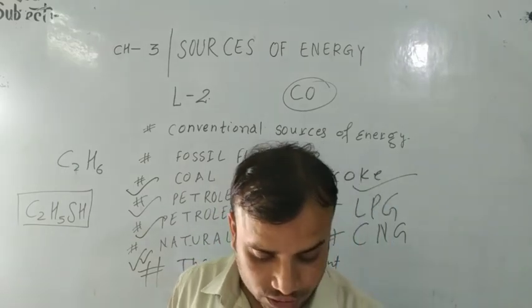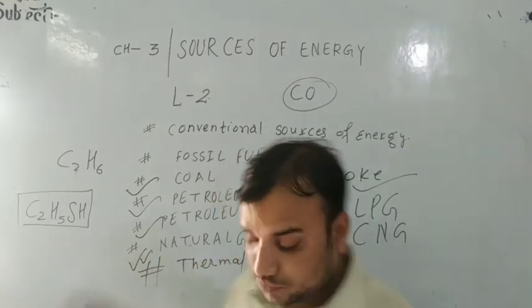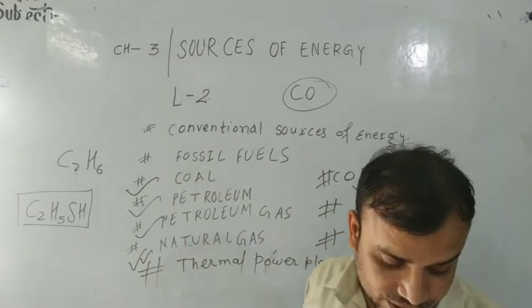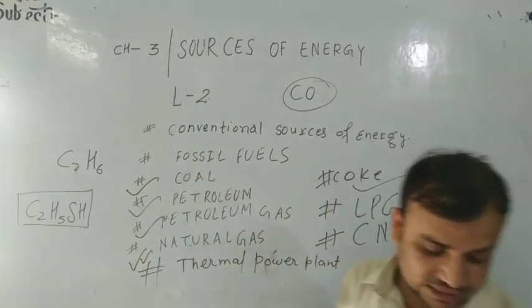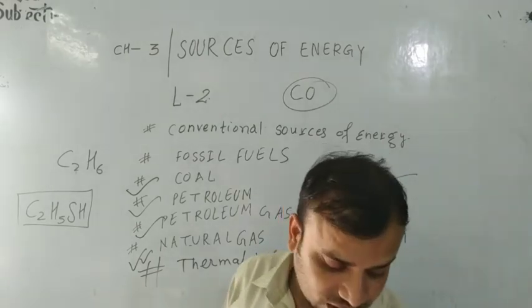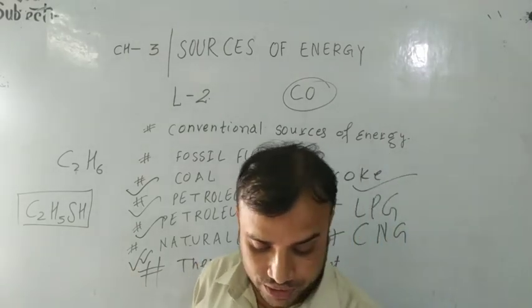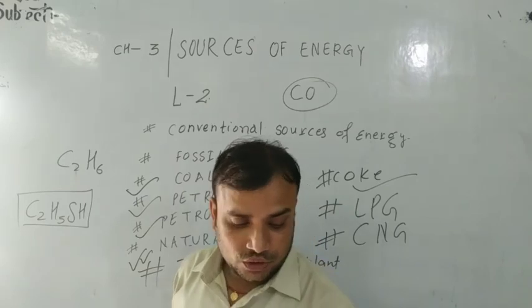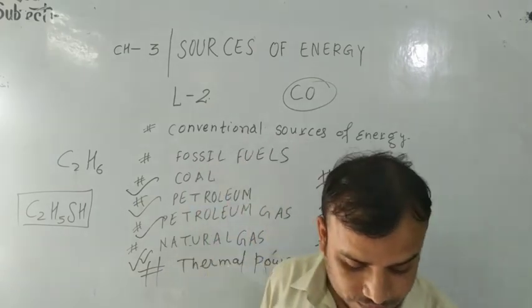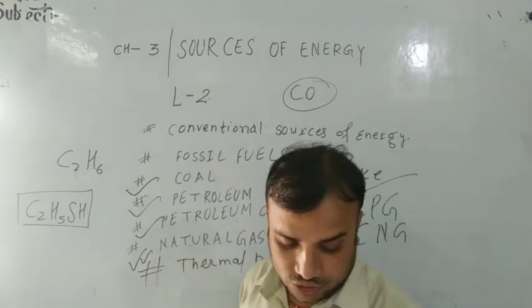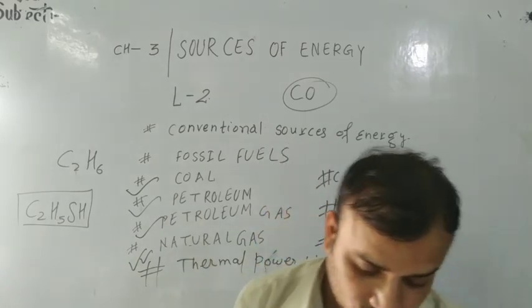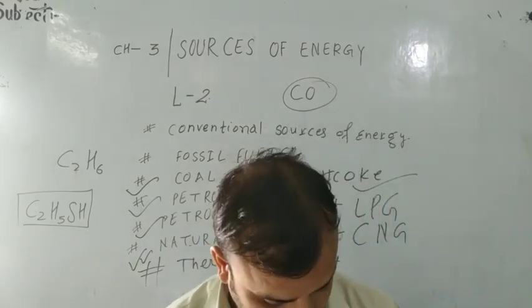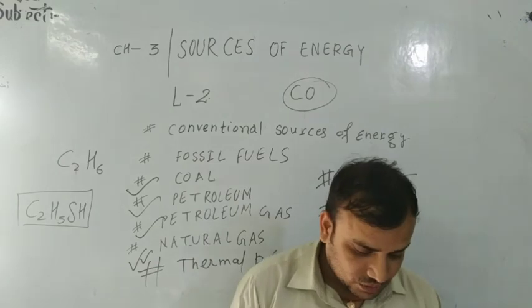Now dear student, this topic is completed, and in the next video we will discuss alternative sources of energy, non-conventional sources of energy. So dear student, solve the question answers of these topics present in your exam book. There are some questions.